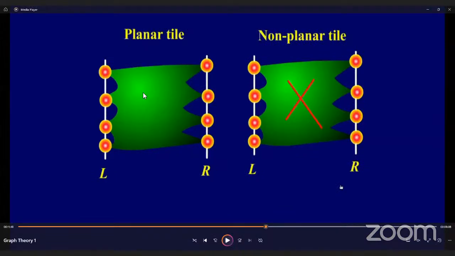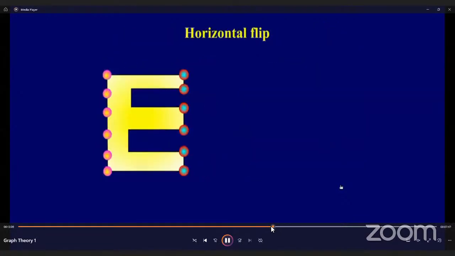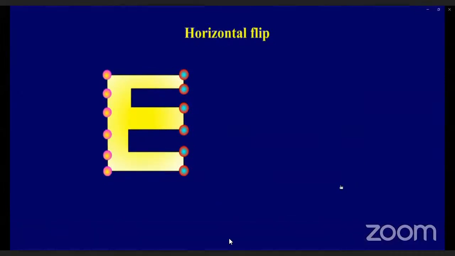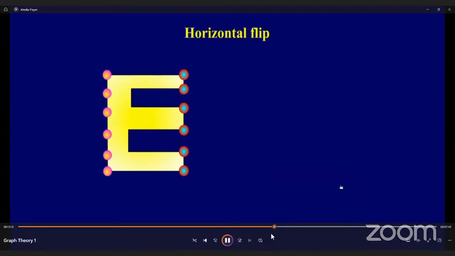If there's no crossing, we call it a planar tile. If there's crossing, we call it a non-planar tile. Now the tile you can flip horizontally. When you flip, it's going to be like this.